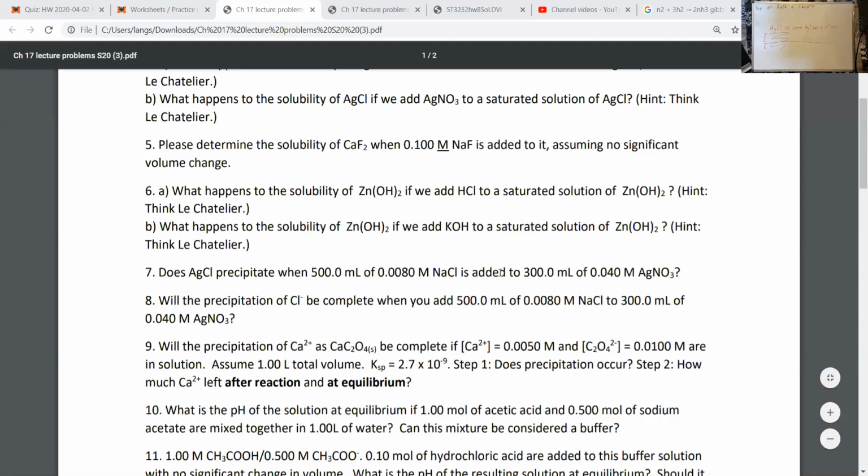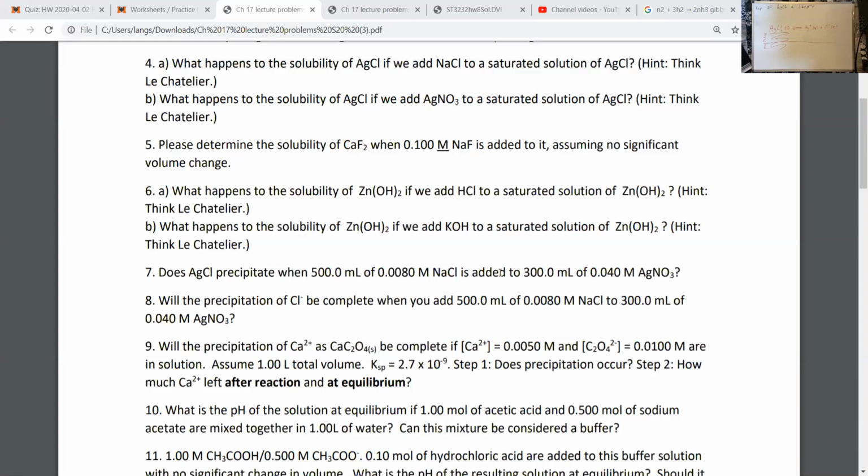So I'm adding 300.0 milliliters of 0.040 molar. Oh, I'm reading the wrong one. Number 8.